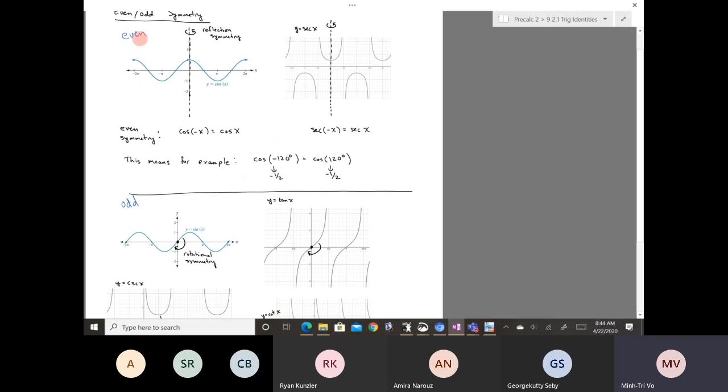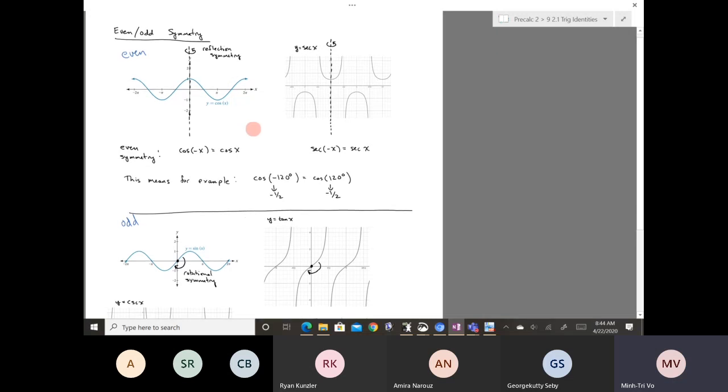You can see the kind of symmetry by looking at the shape of the graph. Here we have the shape of the cosine function, and the symmetry for this graph is if you cut the graph in half along the y-axis, then the left half and the right half are just mirror images of each other.